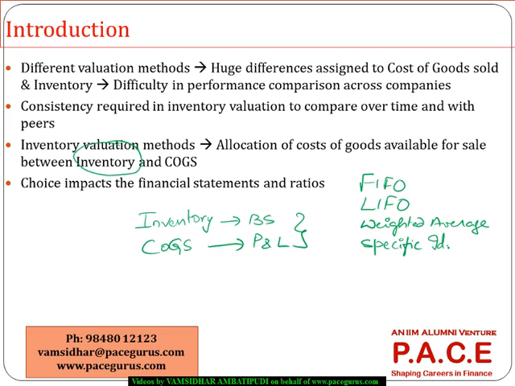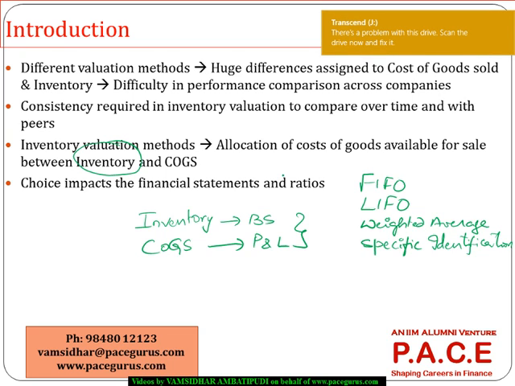So with each of these inventory valuation methods, how do the financial statements really get impacted, and how do we convert one financial model from the other? All those things we would typically look at right now.